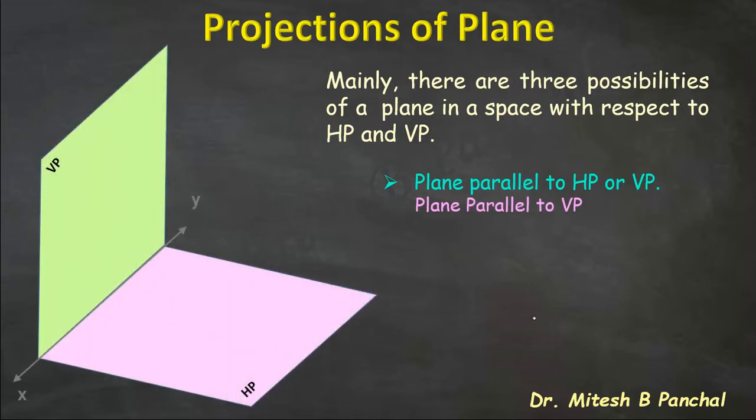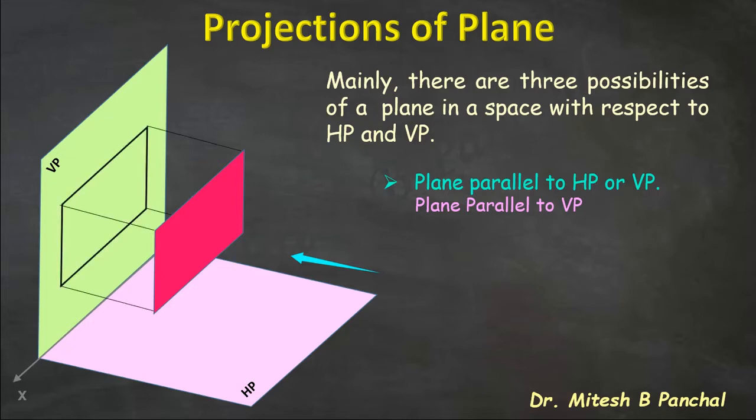Consider the first quadrant for the first angle projection system, in which we consider a rectangular plane which is parallel to VP. When we are viewing from the front side, the projection of the plane on VP, that is nothing but the front view, can be obtained like this. That is nothing but a rectangular shape.